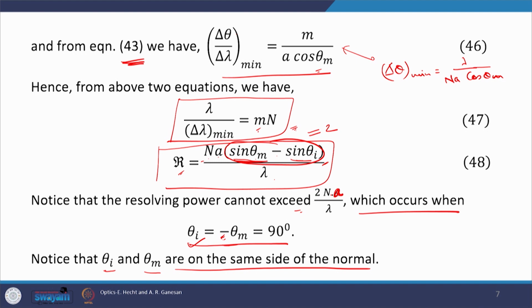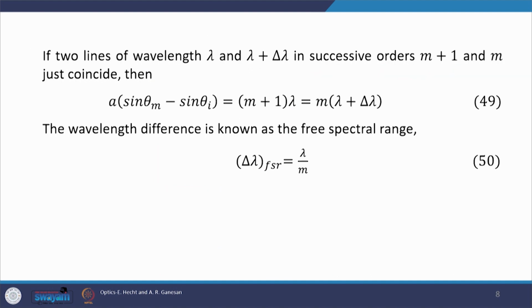Thus, what we saw is that, analogous to the multi slit experiment, we can define resolving power and we can define delta theta min. Now, suppose we are given two lines of wavelength lambda and lambda plus delta lambda, which are very closely spaced, and their successive orders, of course, would be m plus 1 and m, and we assume that these successive orders are coinciding.